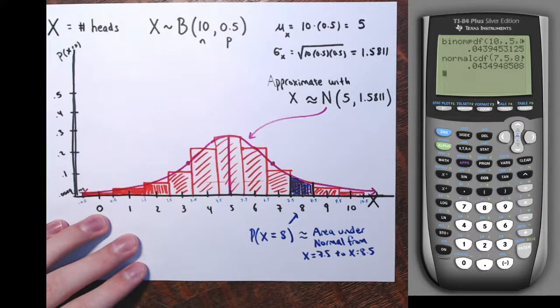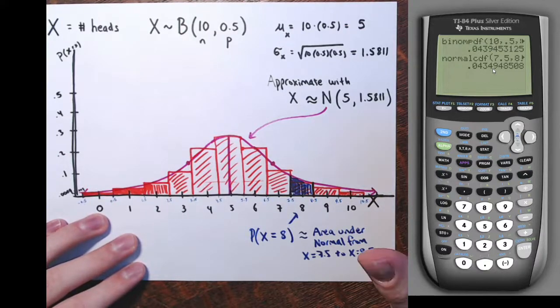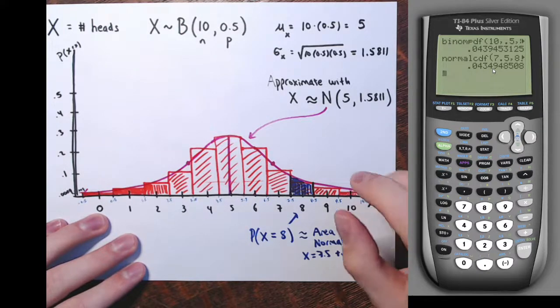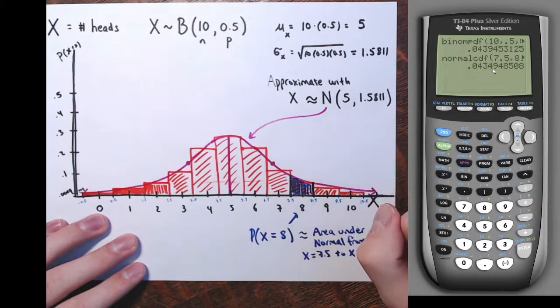And look at how very, very close these are. See, 0.0434, right? It's good for the first 3 decimal places. They're good till the thousandths place. Very, very close, but then a little off after that. But you see how the area under a normal curve can very closely approximate binomial probabilities.